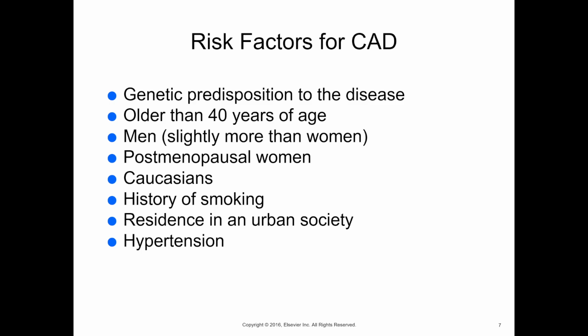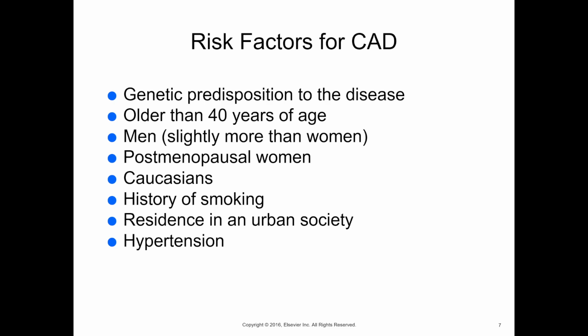Risk factors. This is stuff that everyone's going to know. This is one of those conditions that does affect men more than women, older than 40 years of age, genetic predisposition to this disease, and interestingly, something that's been given a lot more notice in recent years is postmenopausal women also are at elevated risk for coronary artery disease, likely related to the effect of estrogen on the body.